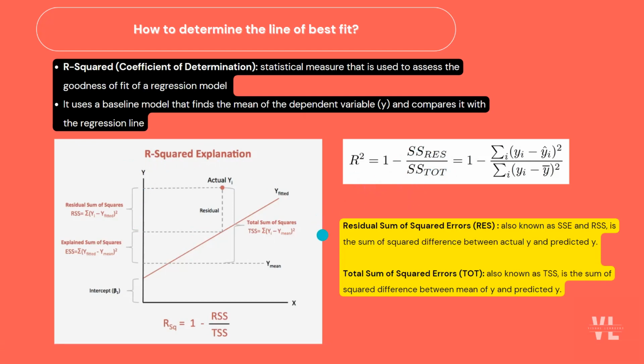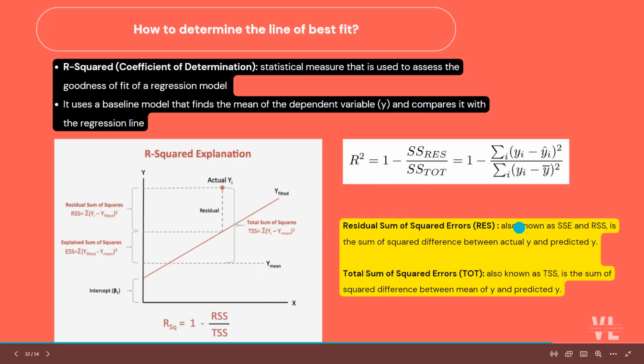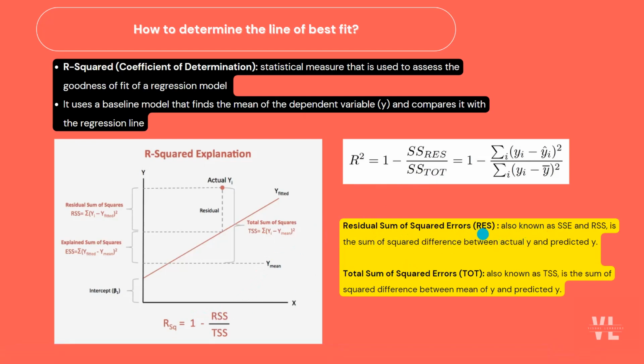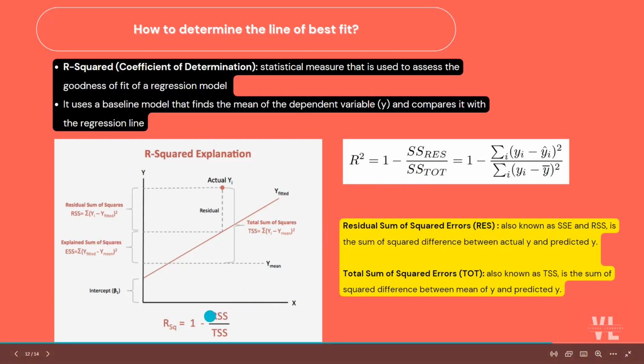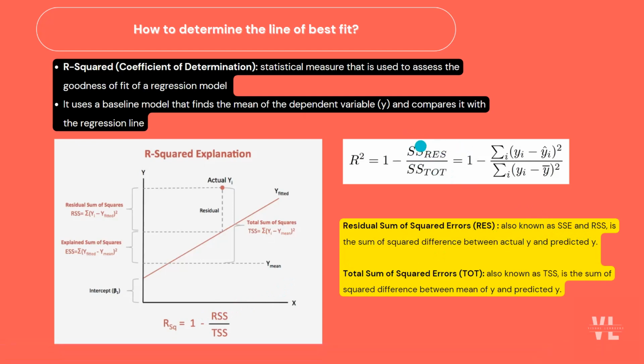The first one is the residual sum of squared errors, known as the RSS. It's known by a bunch of names. You can represent it by RES or SSE, or in this case RSS, which is the term on the numerator. And it's basically the sum of the square difference between the actual y and the predicted y.